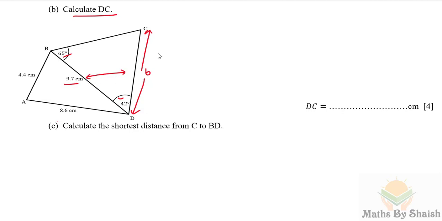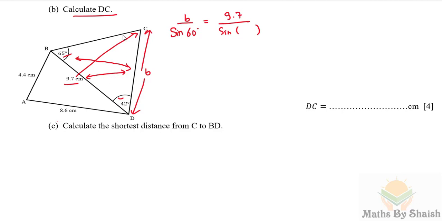So we are going to use the sine rule here, and the sine rule says b over, the unknown side, upon sine of the angle opposite to it. Again we need to take care of the pairs. So one pair is this b and its opposite side equals another side which is known, 9.7 over sine of its opposite angle, and opposite angle is C here, but we can see we don't have that angle.